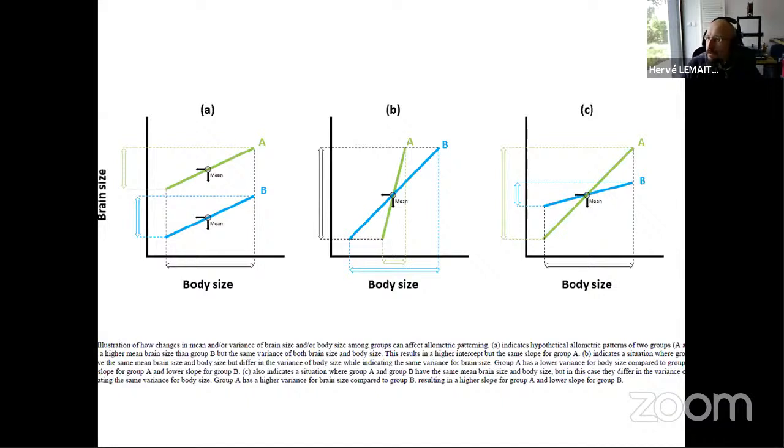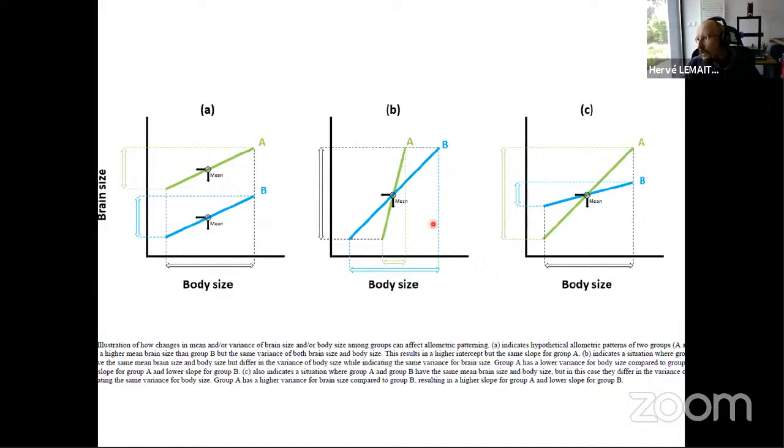Here you have scenario A, where you don't have any change of variance. You have the same variance for body size and the same variance for brain size. What is happening is only a shift of the slope or of the curve, but in this case there is not so much selective pressure.